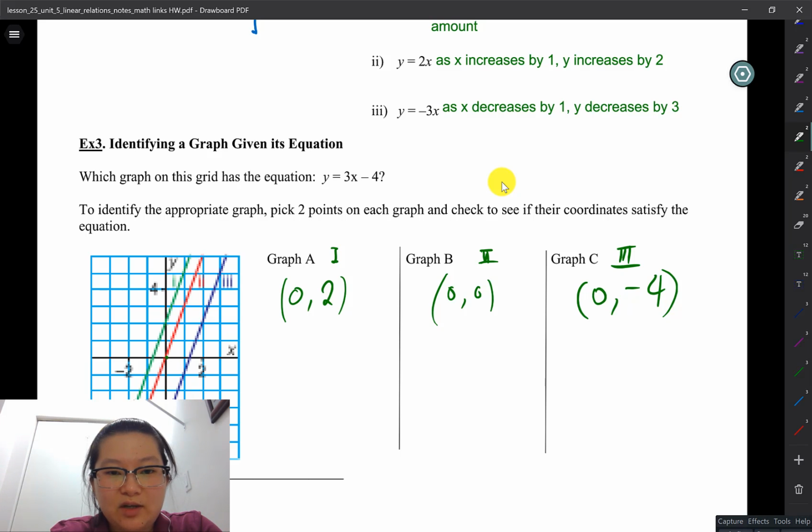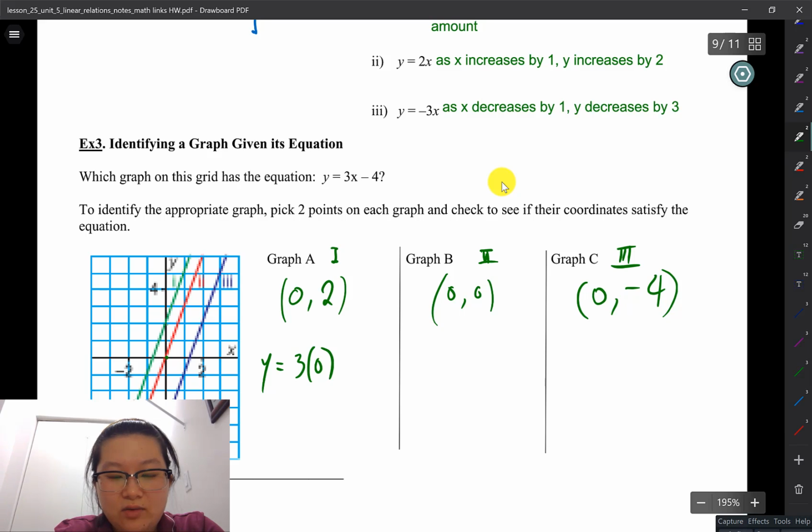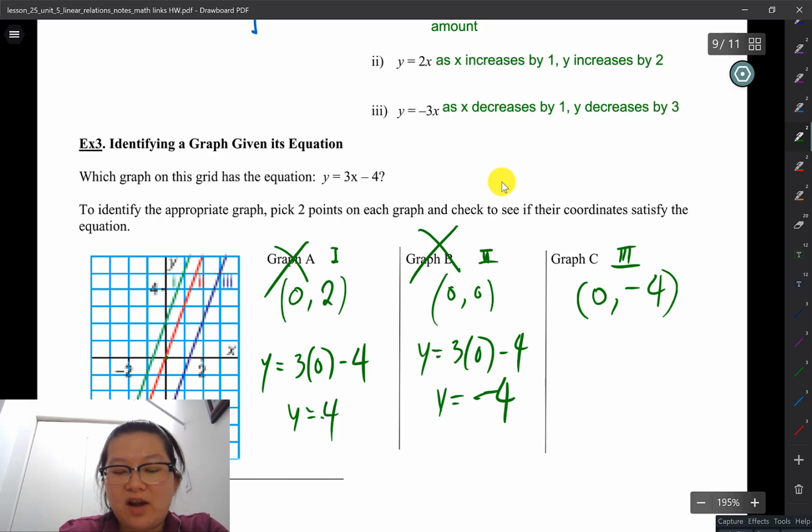If I put x is equal to 0, I get y is equal to, well, that's 0, so I just get y is equal to negative 4. So that can't be graph A. What about graph B? If I put 0 in there, I get y is equal to, again, negative 4, which doesn't work, so it cannot be graph B. By default, it should be graph C, but let's see.